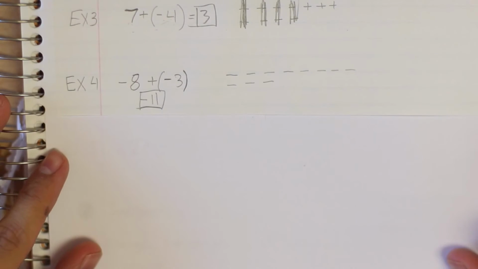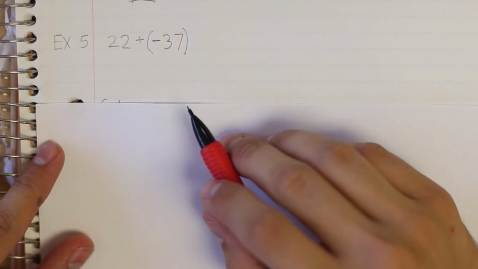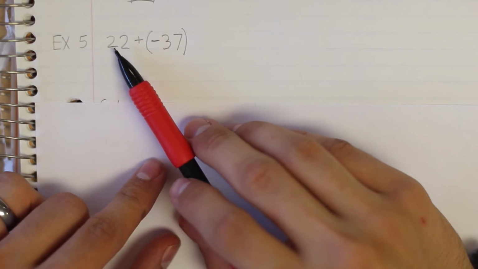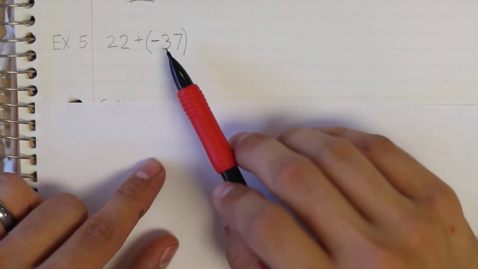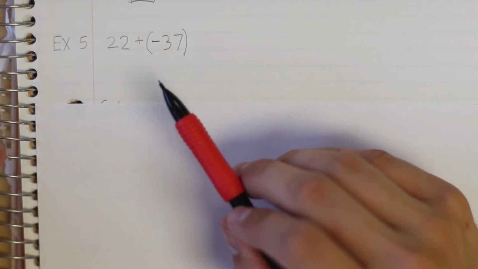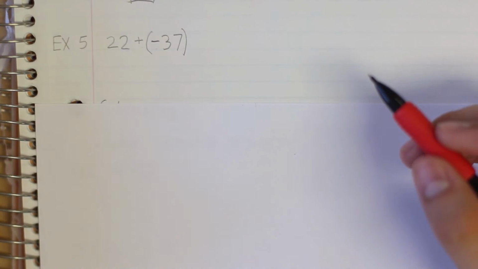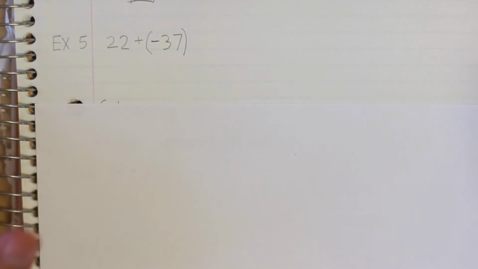All right, let's look at the next example. So our next example is example 5. And here we have 22 plus -37. Now, when you get to larger numbers, it's not practical to go and mark out all the pluses and minuses. So here's something you can do when you have larger numbers. You can just subtract, okay?